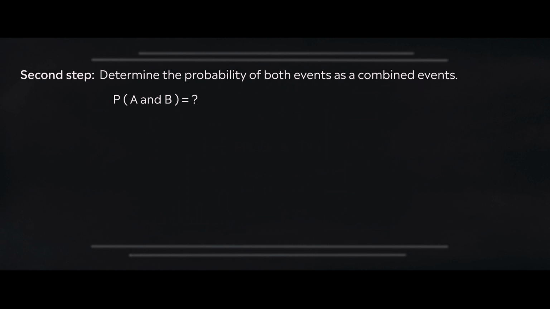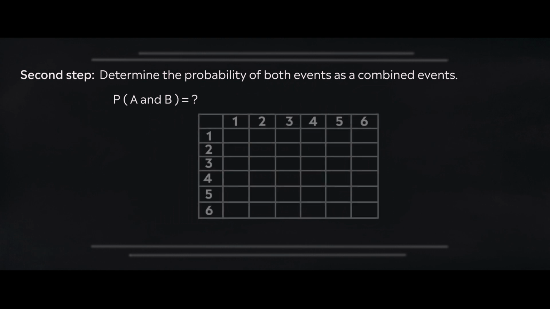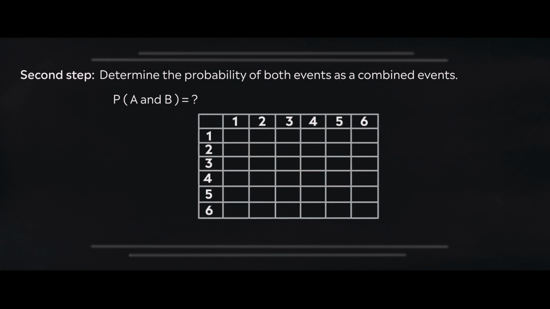So for that, we need to use an outcome chart. Let's use the outcome chart. I will keep the possible outcomes for the first roll vertically. When you roll a die, how many possible outcomes are there? There are 6 possible outcomes: 1, 2, 3, 4, 5, 6.